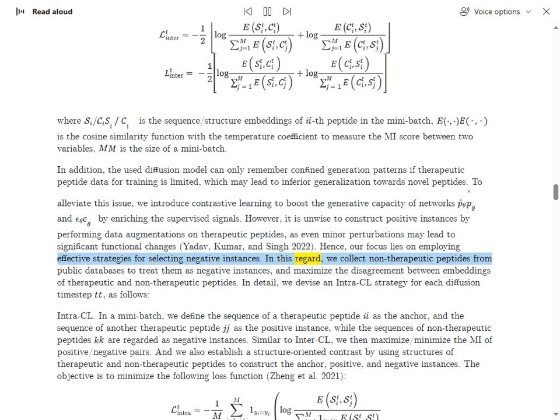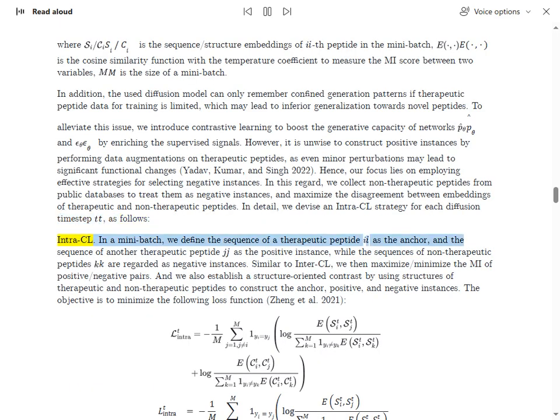In this regard, we collect non-therapeutic peptides from public databases to treat them as negative instances and maximize the disagreement between embeddings of therapeutic and non-therapeutic peptides. In detail, we devise an intra-CL strategy for each diffusion time step T as follows. Intra-CL.